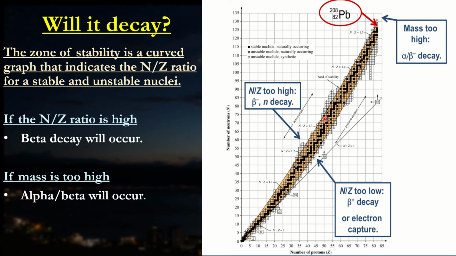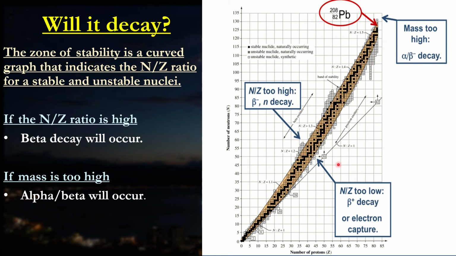If we have a scenario where the ratio is too high, where N-Z is too high, meaning we have too many neutrons, then we'll see a thing called beta decay. We'll get into what beta decay is. If the mass is too high, generally if the atomic number is about 80 plus, then it will be an alpha decay, followed by maybe a beta decay.